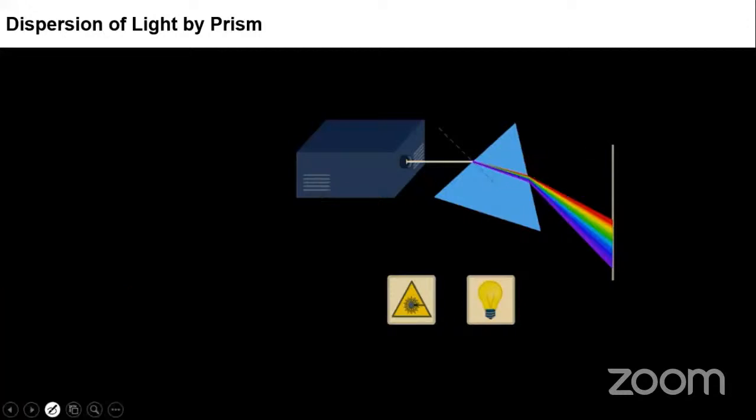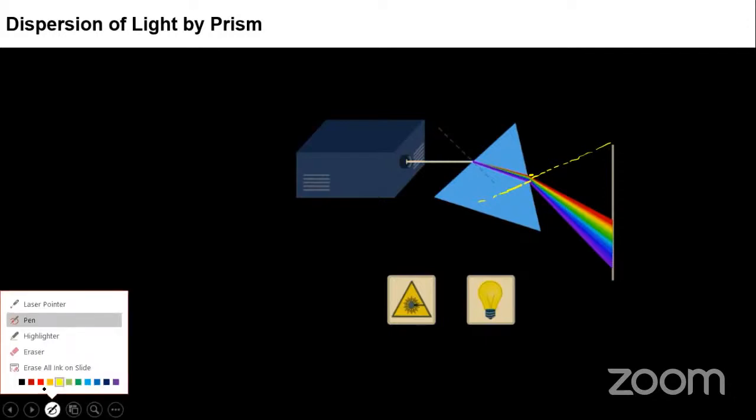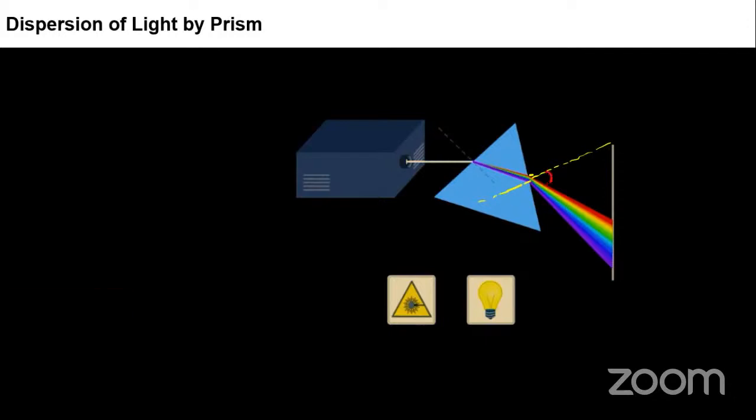If I draw the normal to this surface, it will be like this. This will be the emergent angle.